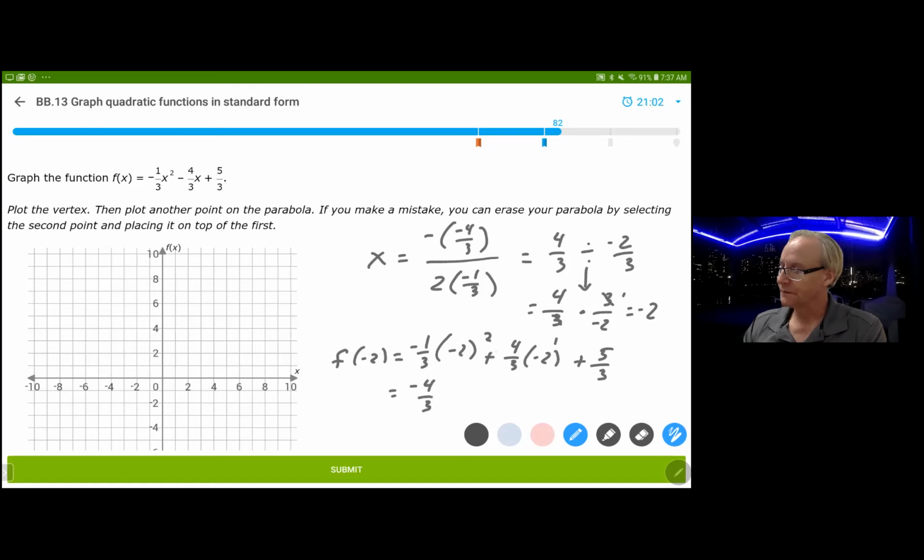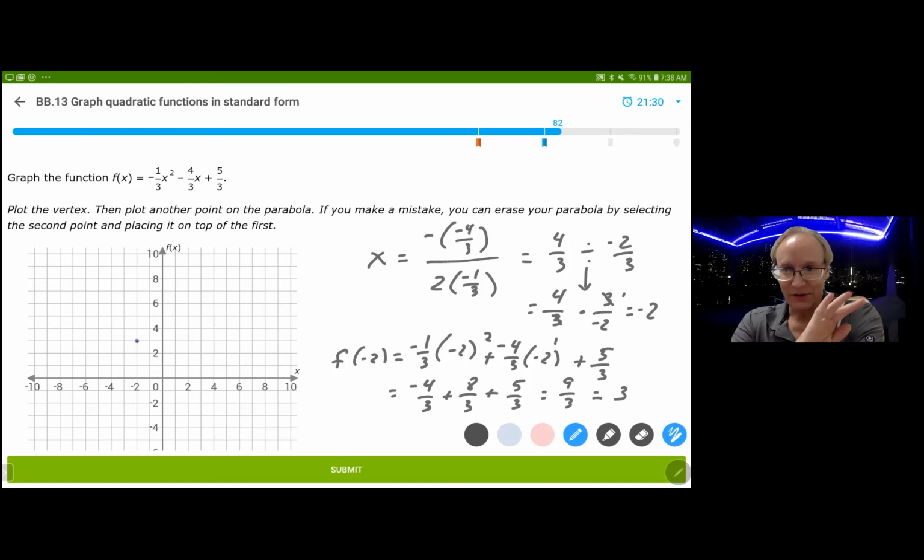I'm going to make this plus a negative, which gives me positive 8/3. And then I'm going to add 5/3 to that. Well, this isn't that bad. That's going to be 4/3 plus 5/3, which is 9/3. That happens to be 3. So -2, 3 is our vertex. There's my vertex.